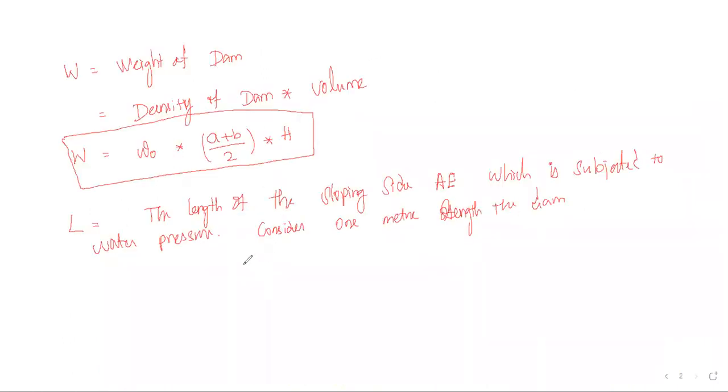Consider triangle AEF. Here cos theta is equal to AF by AE, that is nothing but H by L. So L is equal to H by cos theta.